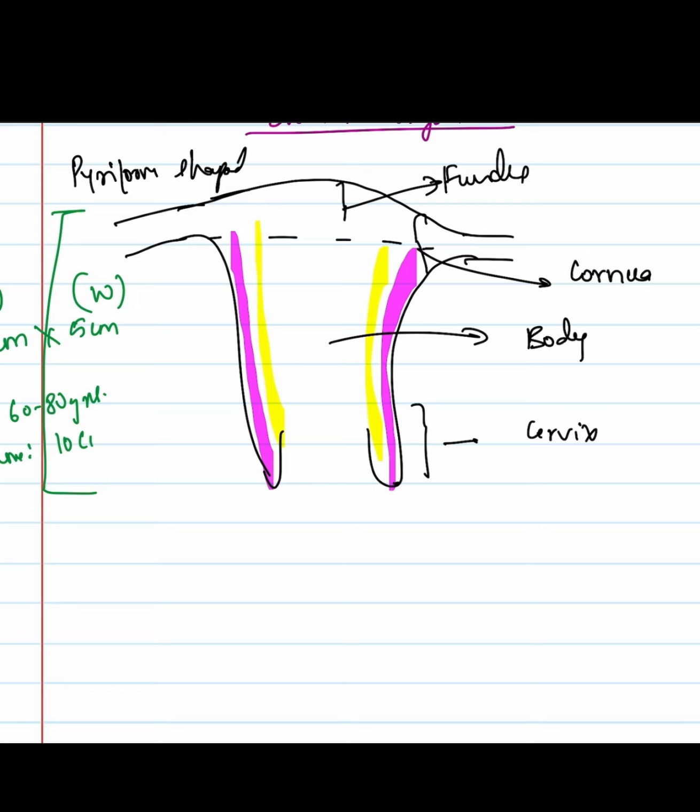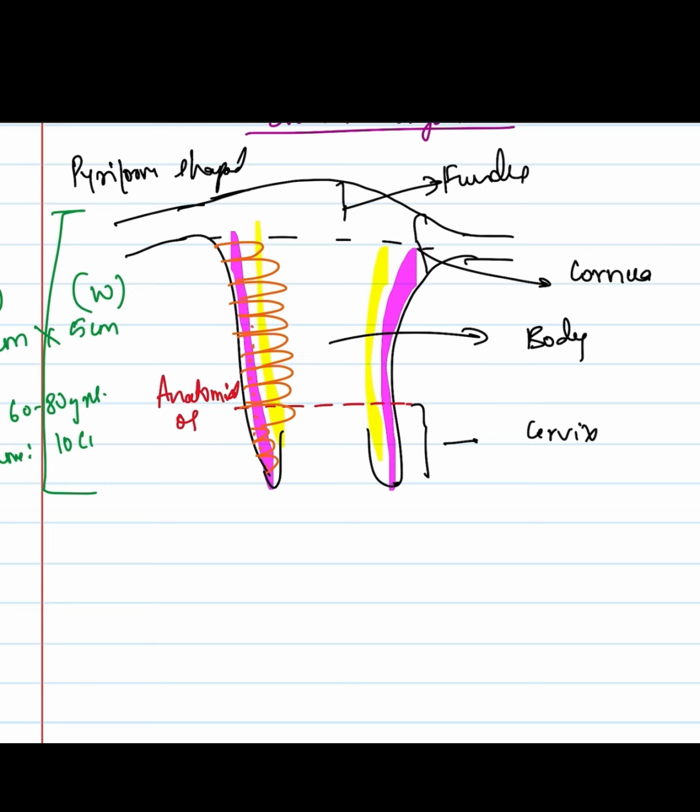And in the cervix only we have the anatomical os and the histological os. This is your anatomical os. And the histological os, how it is divided is, see, the uterus is lined by high columnar epithelium, and later at the histological os it changes to low columnar.